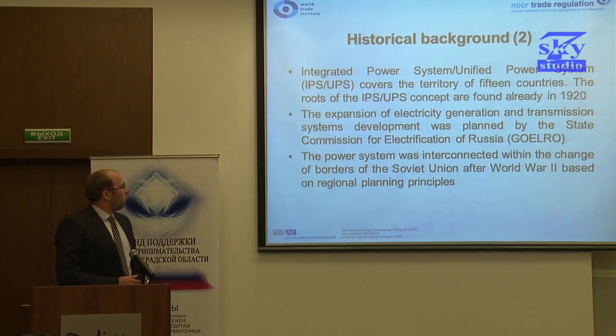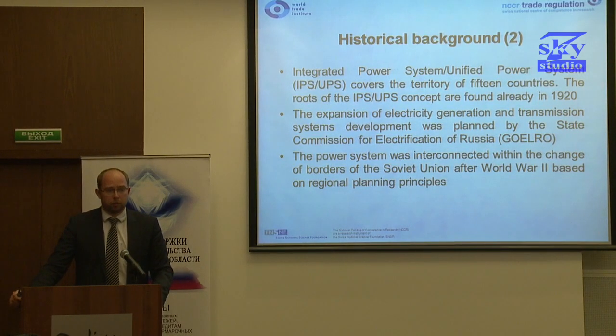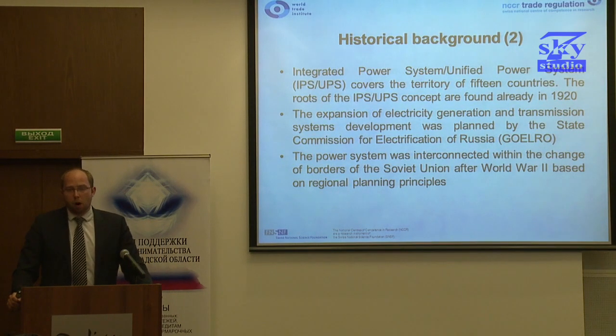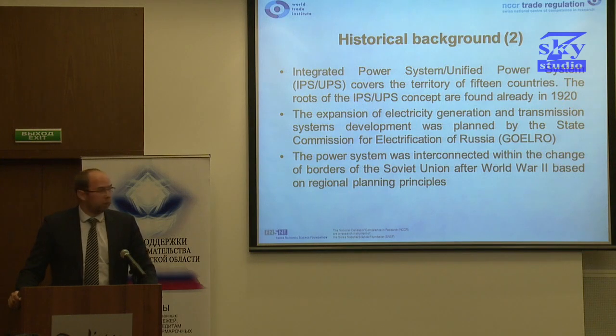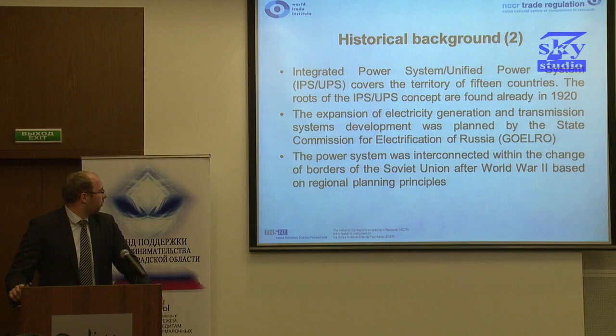Now, the integrated power system, the unified power system, covers 15 countries, all of them former Soviet Union countries. Basically, the system expanded within the borders of the Soviet Union, and therefore, at some point, even the eastern part of Germany was part of the electricity system of the EPS-UPS.